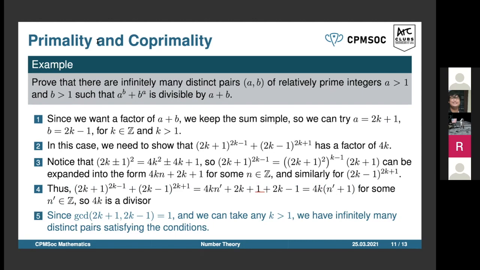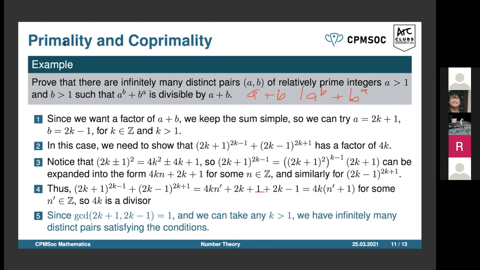Another approach is to take a to the b plus b to the a, and then add some extra assumptions on relationships between a and b that help you simplify it. So maybe if b is odd, right? I won't go into this.